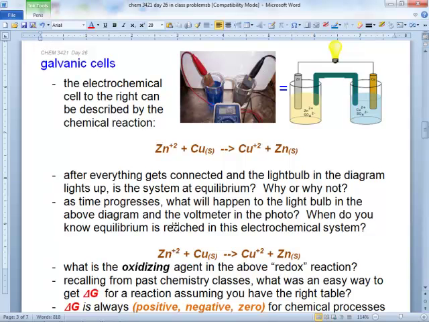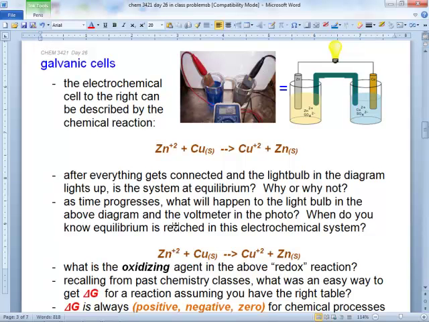Is the system at equilibrium? Why or why not? I would say yes, because there's power in there. Does equilibrium change over time? Here's a hint. Is this an equilibrium?